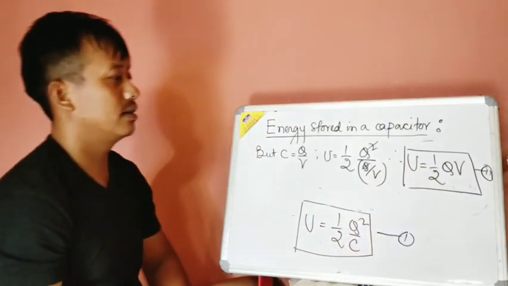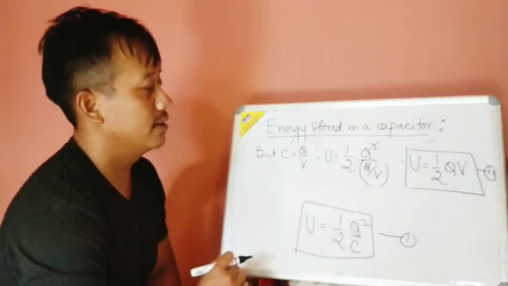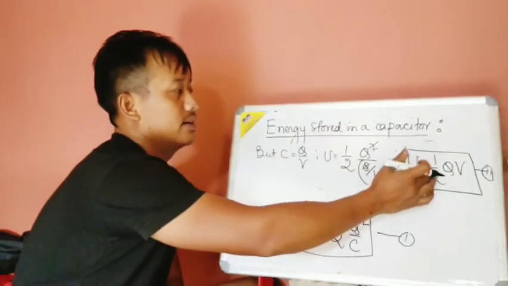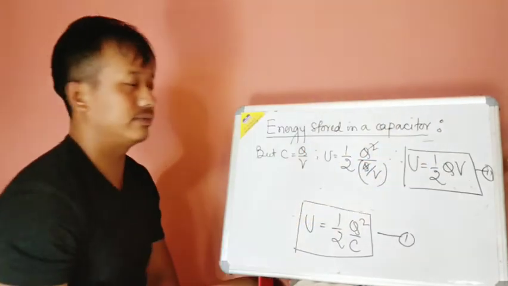The first expression is Q square by C, and the second is half QV.